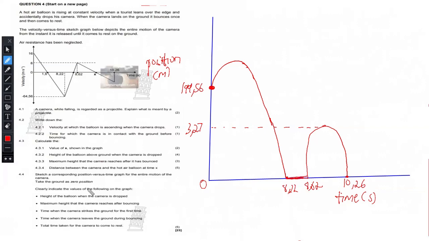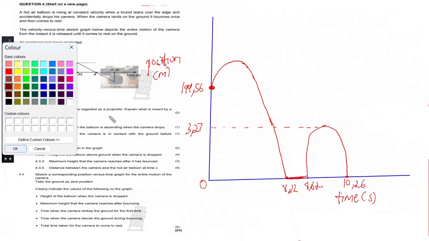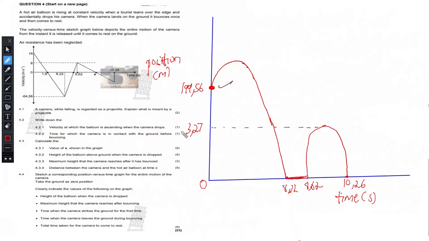So we've indicated everything. The height of the balloon when the camera is dropped. So there we go. That was it. And then what was the height? They say maximum height that the camera reaches after bouncing. There we go. And then time when the camera strikes the ground for the first time.